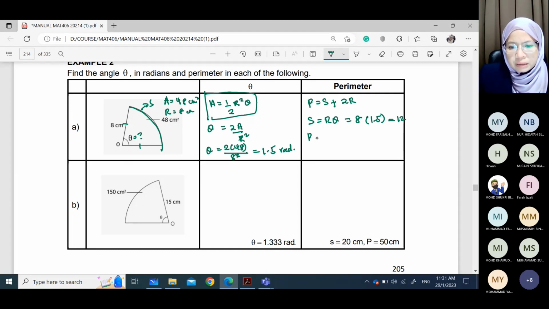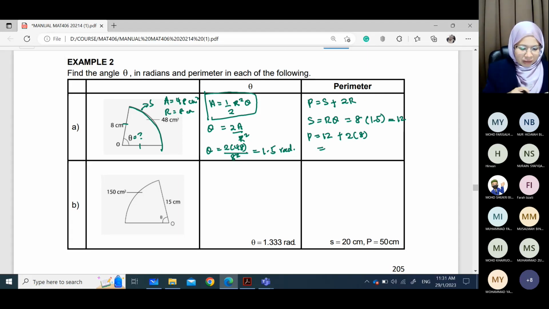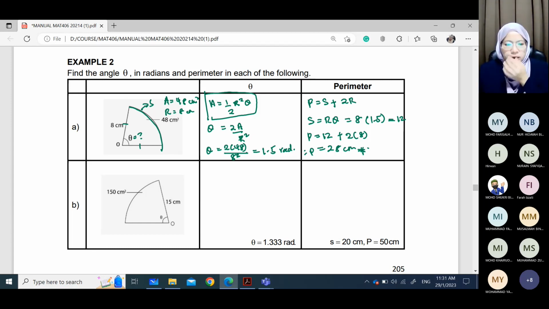So maknanya perimeter dia adalah 12 cm plus 2 times 8. Okay. 12 tambahkan dengan 2 times 8 is 28 cm. Okay, so this is our perimeter. Ukuran lilitan bagi sektor yang ini ada 28 cm. Okay. Boleh?